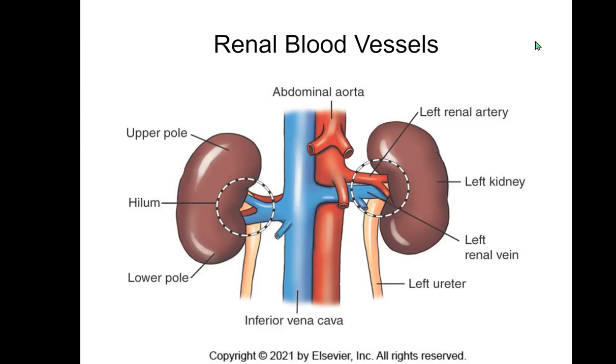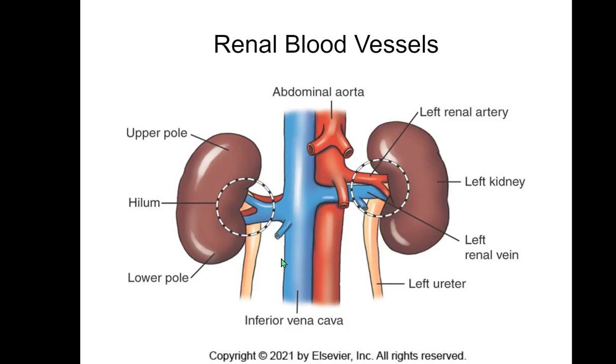The renal veins connect directly to the inferior vena cava to return the blood to the right side of the heart, and you can see that is in blue. The renal veins are anterior to the renal arteries. So the renal arteries bring blood to the kidneys, the renal veins take blood away.